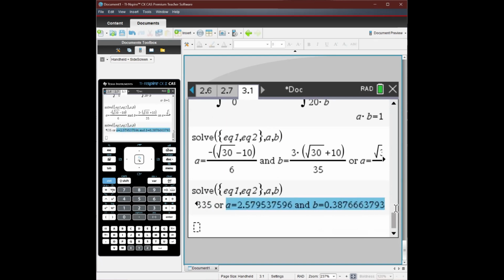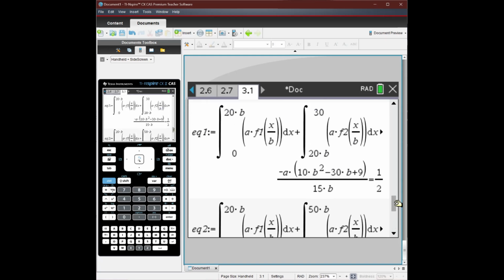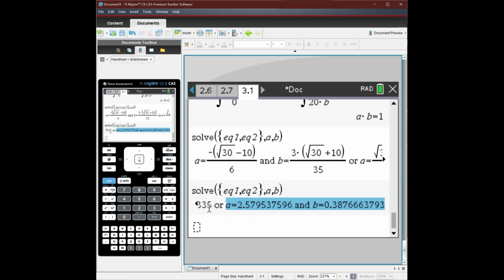You don't want this value because if you're using this value, it's not possible to get a median of 30, okay? For example, you may want to put this back and double check, okay? So that is the only possible pair of solutions.